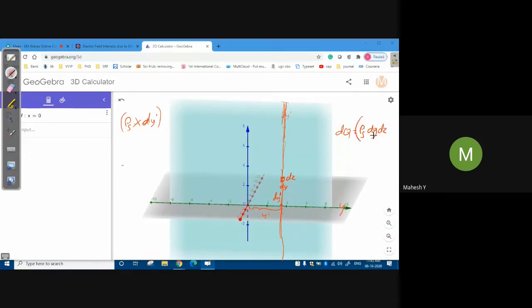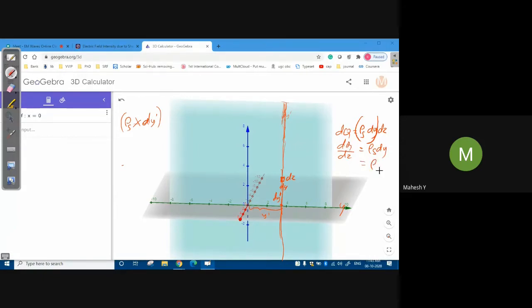Now, what is this rho s into dy? If I consider this entire length, can anybody tell me what is that? Yes, Sanket, very good. That is the charge per unit length, because charge per length, dq by dz, gives what? Rho s dy. We have discussed this one.